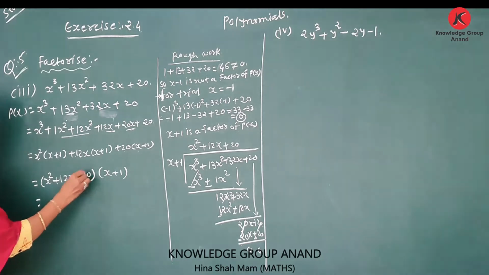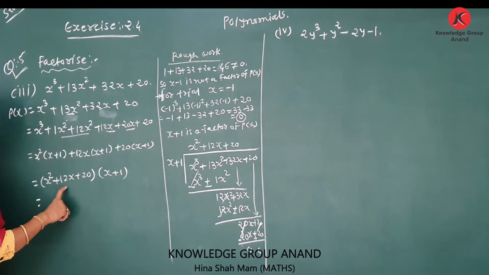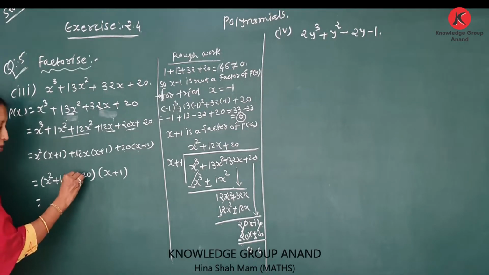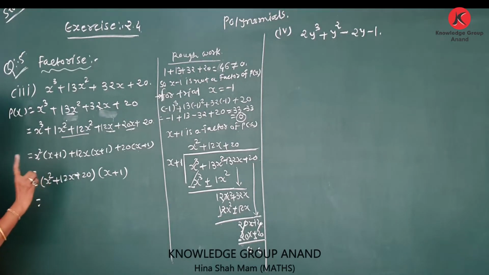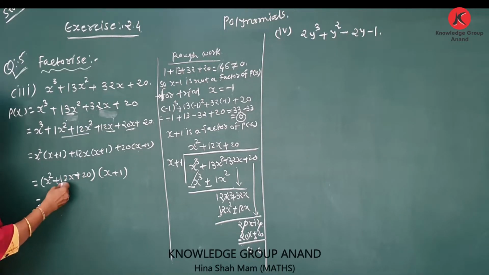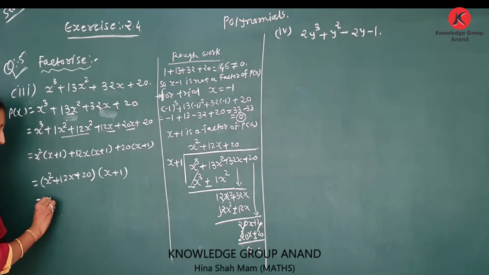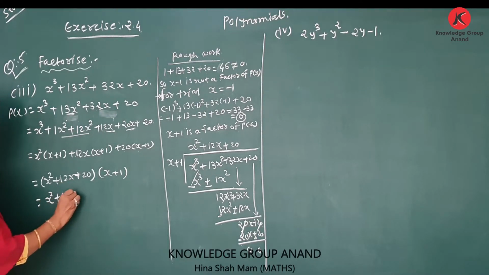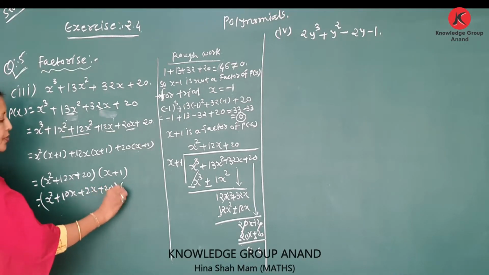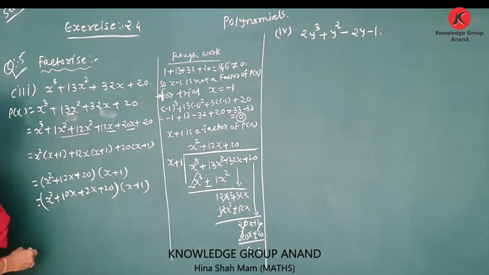Factors of 20 whose sum is 12 and product is 20. Factors of 20: 20 ones are 20, 20 plus 1 is 21. It is not valid. Here we want 12. 10 twos are 20. Yes, 10 plus 2. Therefore we write x square plus 10x plus 2x plus 20 into x plus 1.